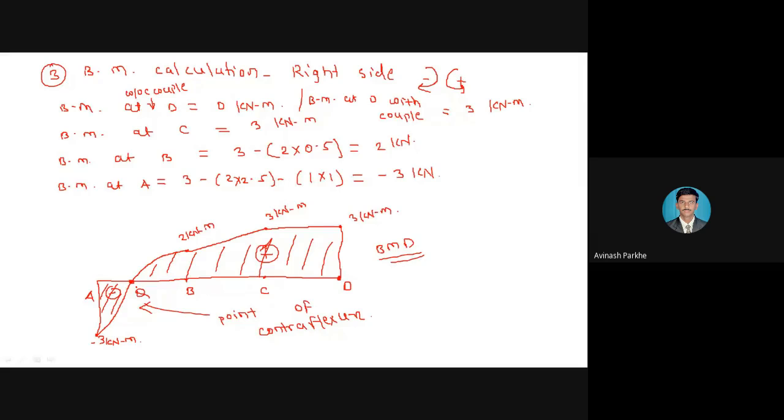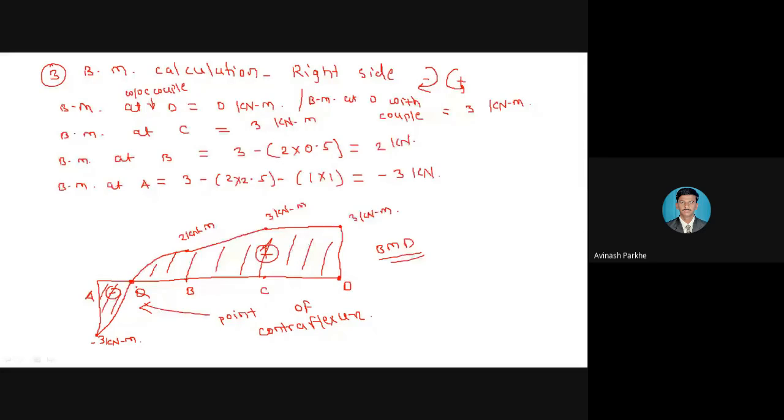But in the case of a cantilever beam, there are very few chances of getting the point of contra shear in the SFD, because your SFD does not change sign from positive to negative or negative to positive. Therefore, there is no need to calculate the x distance or the maximum bending moment, because your SFD will be present in the positive region only and your BMD in the negative region only.